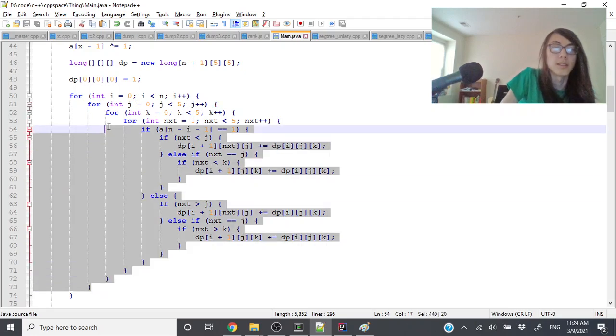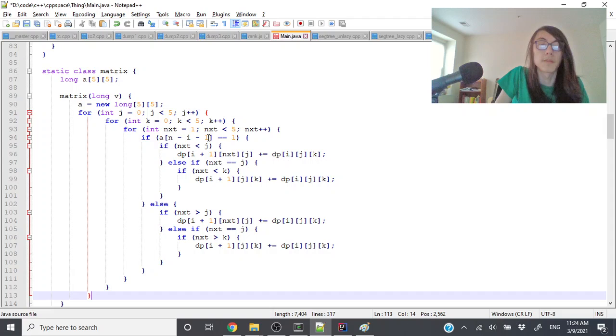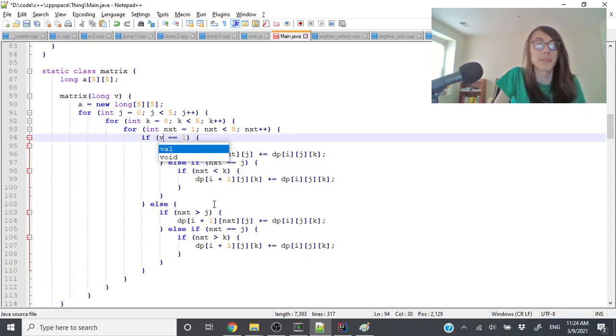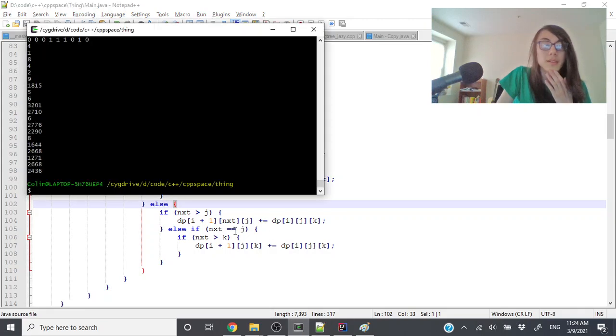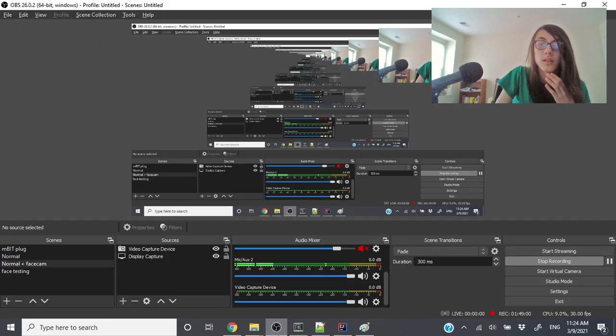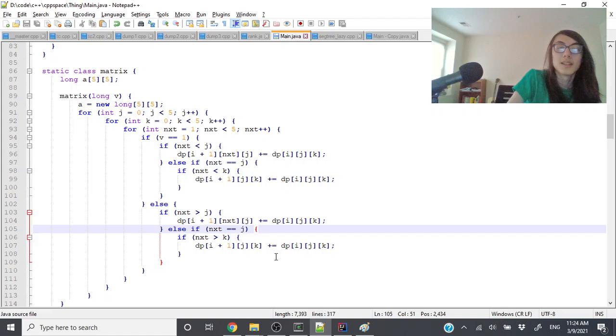So I guess this is the thing. So if v is equal to 1, I really don't get what is causing this to lag so much. Am I running a program? What's happening? I don't know what's happening, but cool.